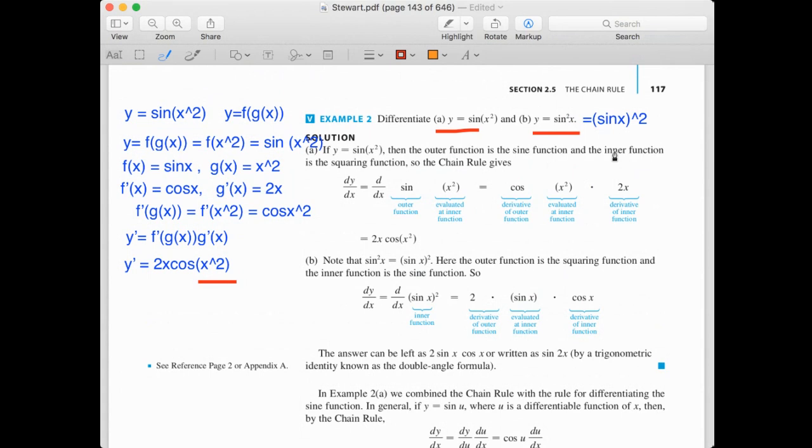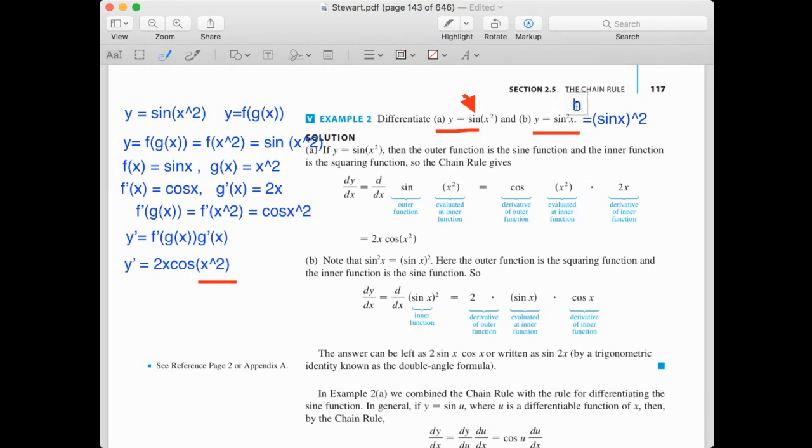So let's figure out this. This is different, right? So this one, what's the outside layer? So this one, the outside layer is sine. The inside layer is a square. But this one, the outside layer is a square. Right, let me write it here. The outside layer is, let's use h and k.